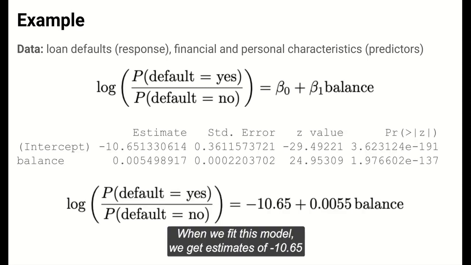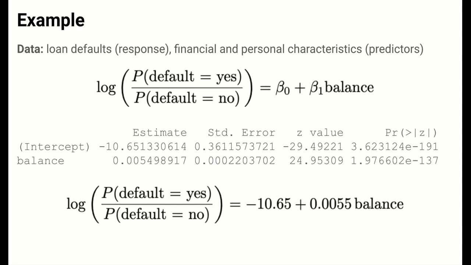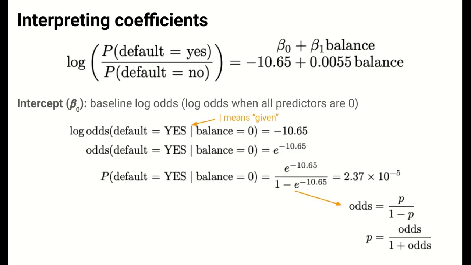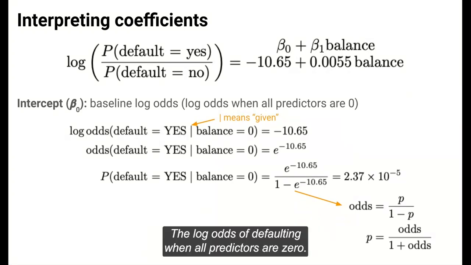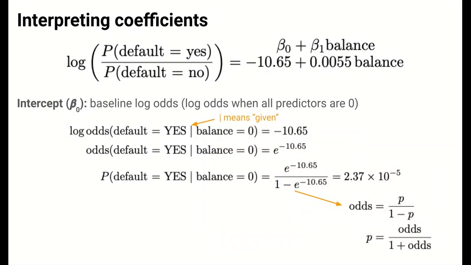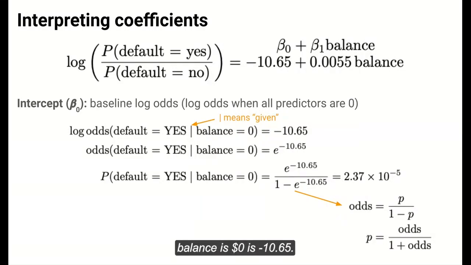When we fit this model, we get estimates of negative 10.65 and 0.0055 for beta 0 and beta 1. Let's go over what these numbers mean. The intercept beta 0 is interpreted as a baseline log odds, the log odds of defaulting when all predictors are 0. So the log odds of defaulting when credit card balance is $0 is negative 10.65.